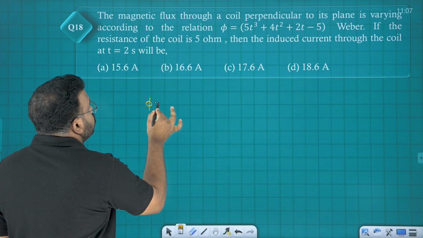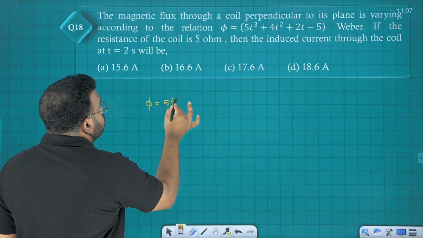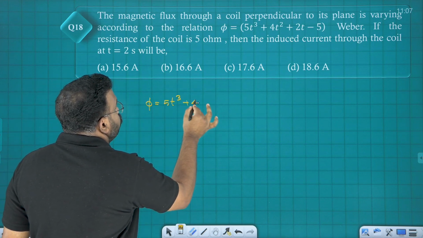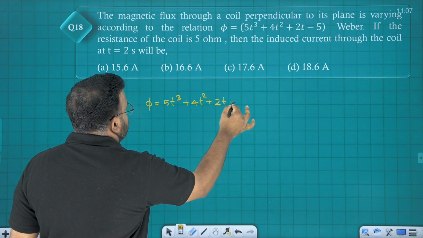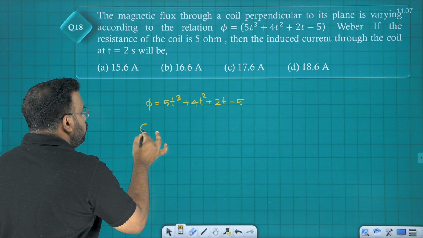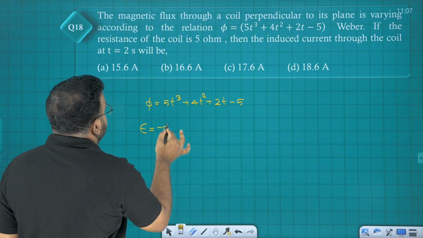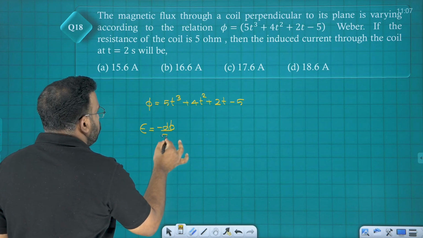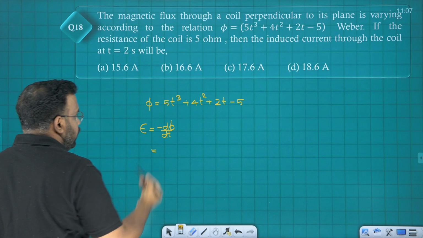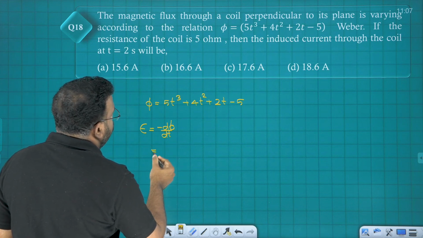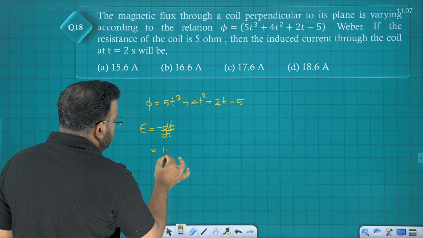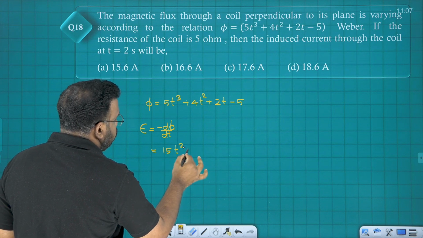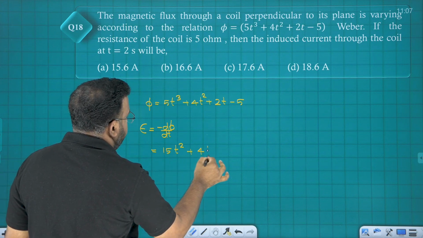What is the formula for induced EMF? You know it is minus d phi by dt. Minus is opposing, we just need to take the magnitude only. So derivative of phi, we need to differentiate all these things. Phi t cube will become 15t square plus 4t plus 2.